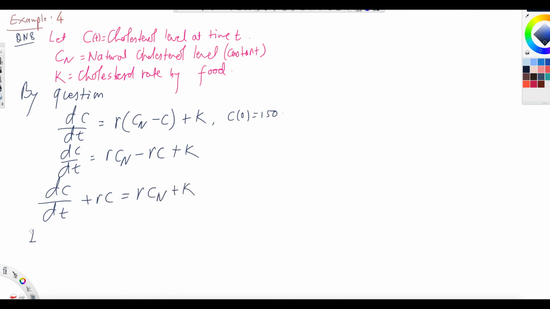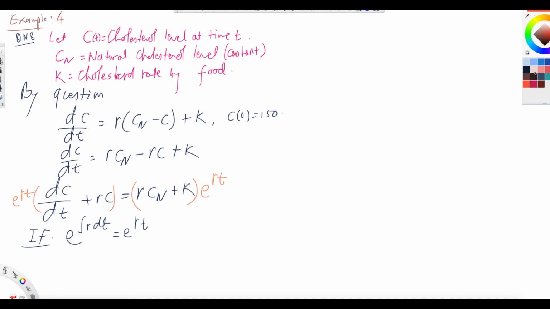Okay, so let us find the integrating factor, which is e to the integral of R dt. That will be e to the RT. So I want to multiply the whole equation by e to the RT. I multiply the left side by e to the RT and then multiply the right-hand side by e to the RT as well.